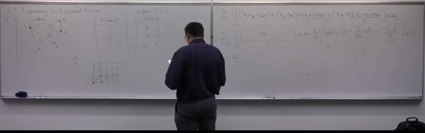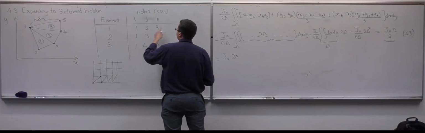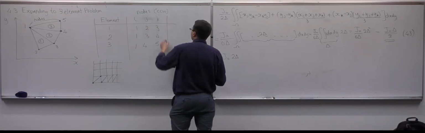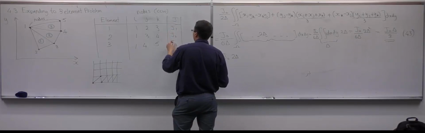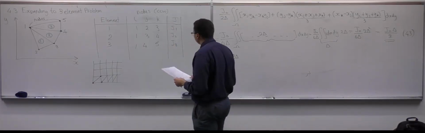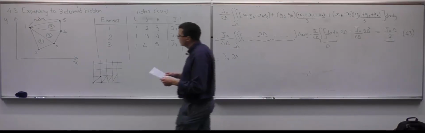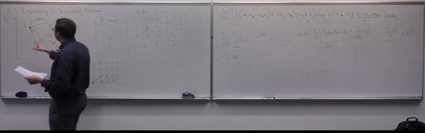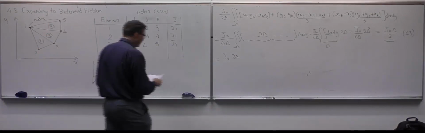Okay, so we have these elements, these nodes, and then there'd be some current associated with each element, some current density. So now each of these nodes would have a particular vector potential associated with them.